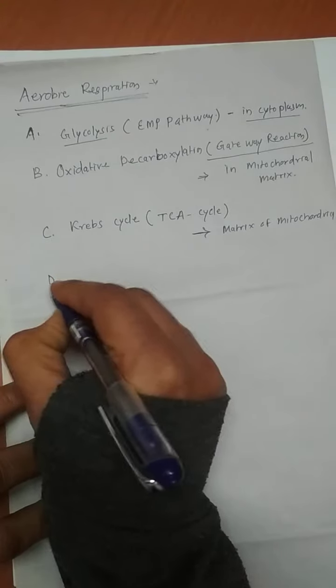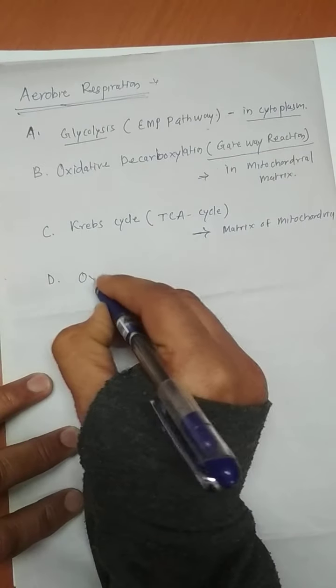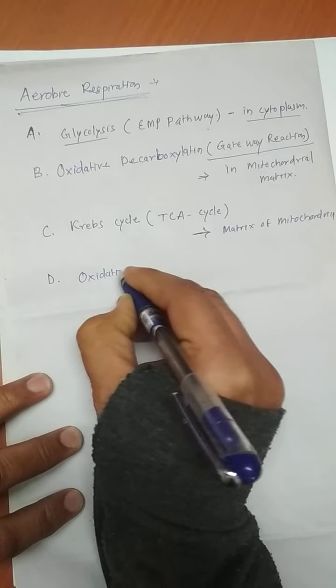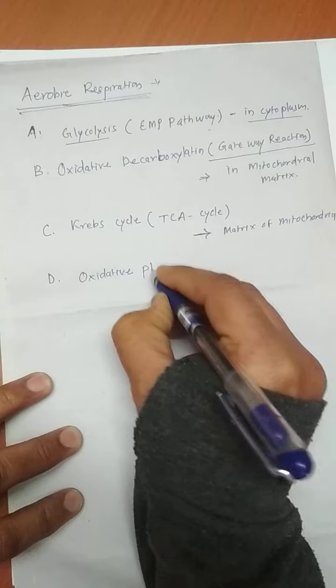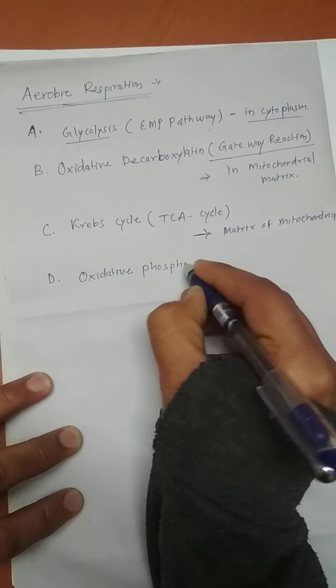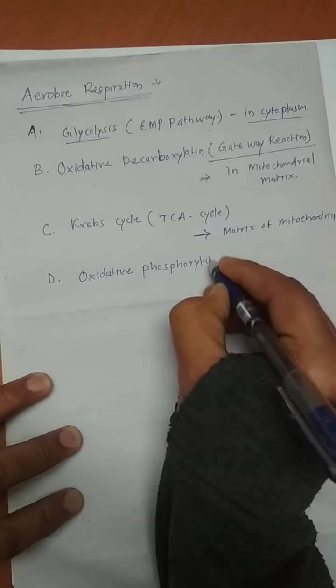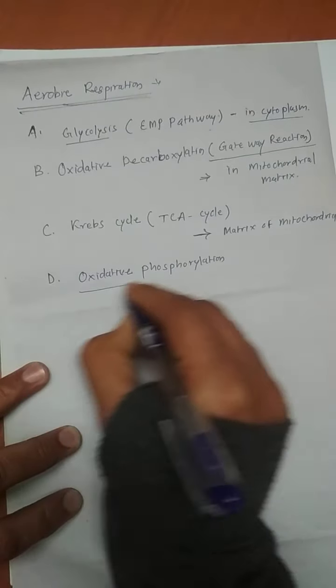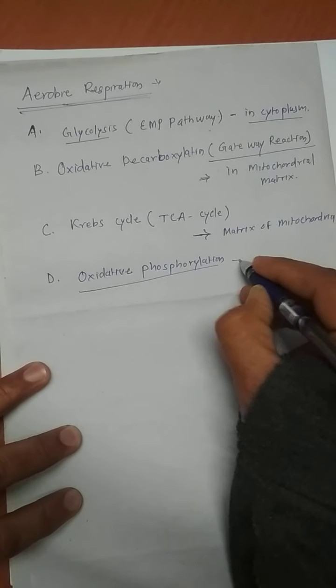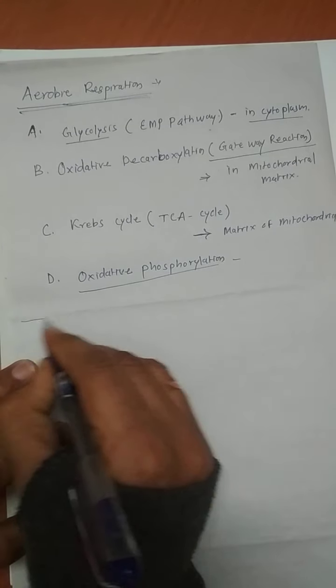And the last one, D, oxidative phosphorylation. These are the 4 steps.